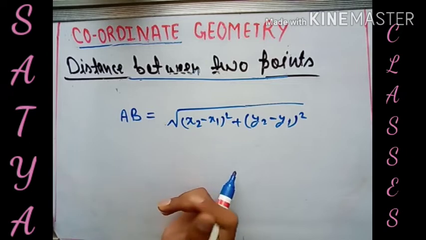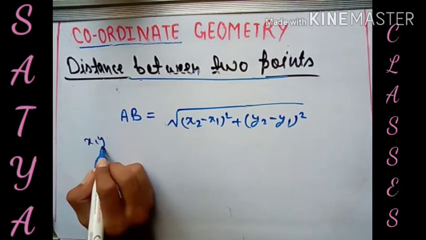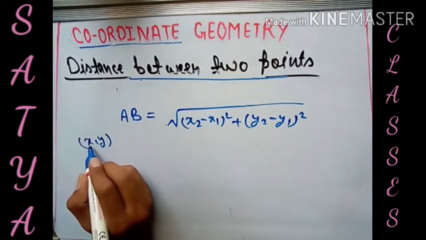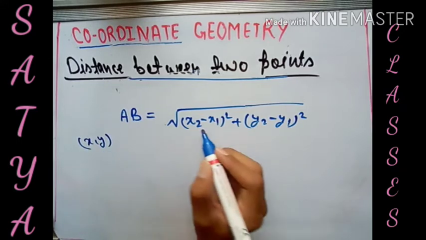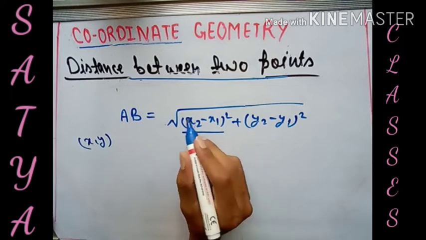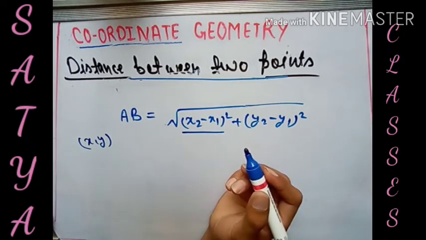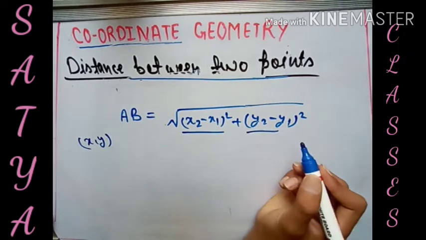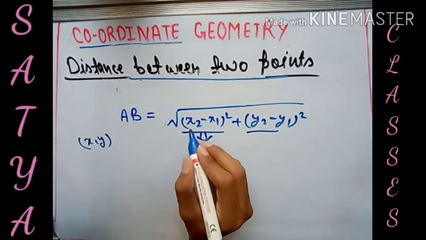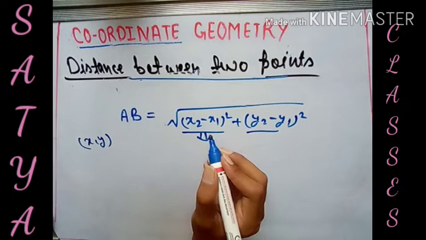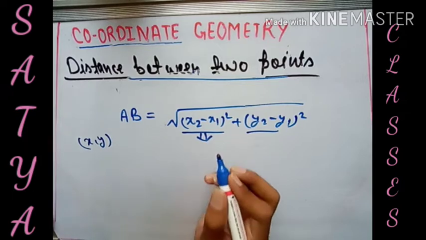As I told you about x comma y, x is what? Abscissa. Y is what? Ordinate. So look here, x2 and x1 is also abscissa and y2 y1 is also ordinate, but they are two, so we will write its plural, and plural is abscissae.